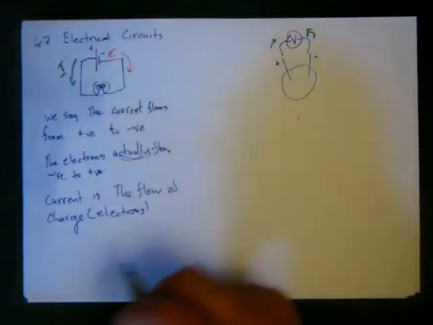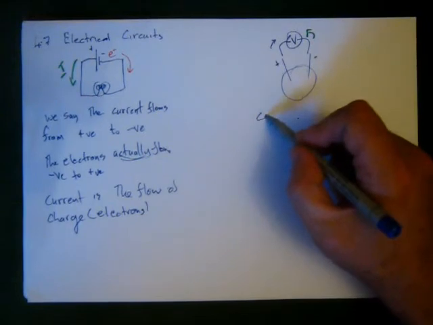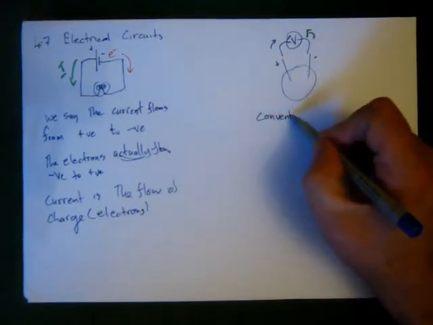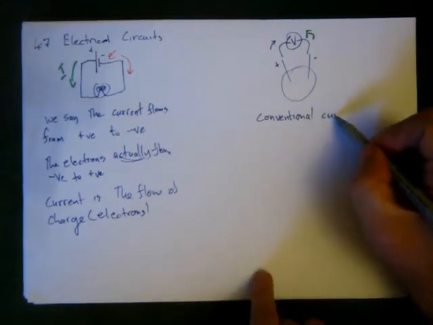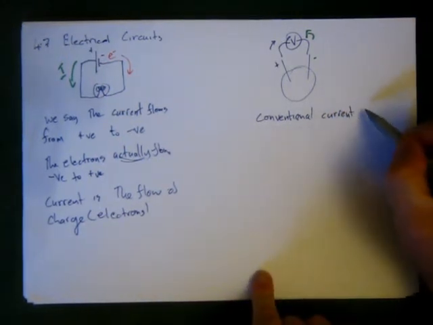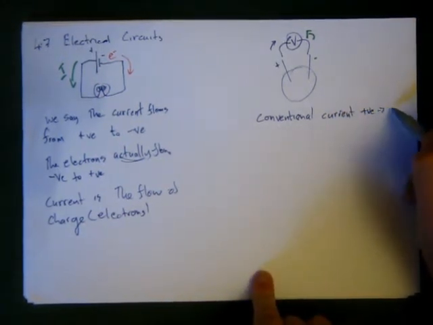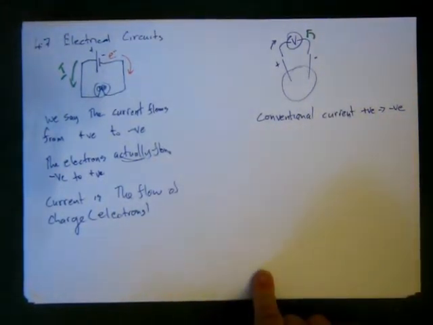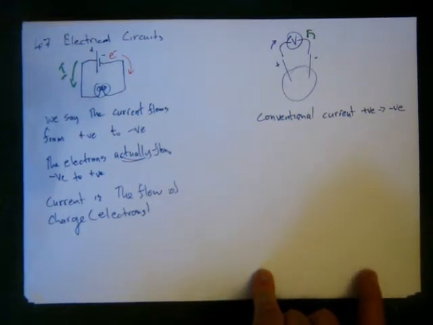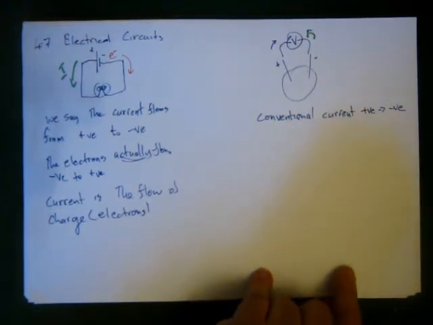So we call this conventional current. And convention is an agreement, so conventional current is positive to negative. And as long as you're consistent with the maths, it'll all work out right in the end. Occasionally we have to know which way the electrons are going.